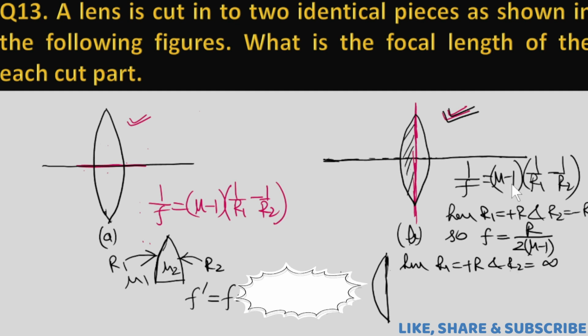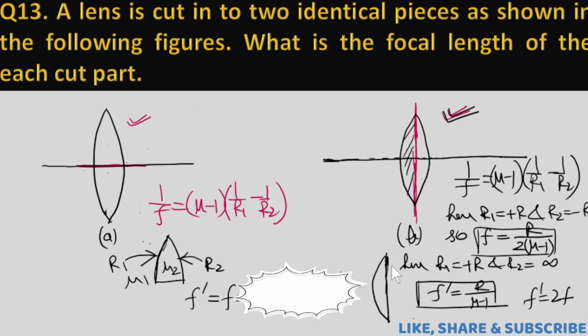Put these values in the lens maker's formula and you will get f dash is equal to R divided by mu minus 1. Now compare this formula and this formula. You should be able to make out that f dash is equal to twice of f. So the focal length of each cut part in this case will become twice the focal length of the original lens.